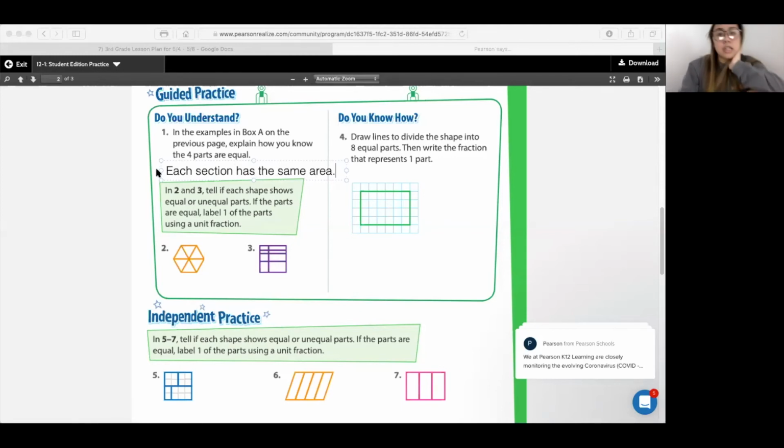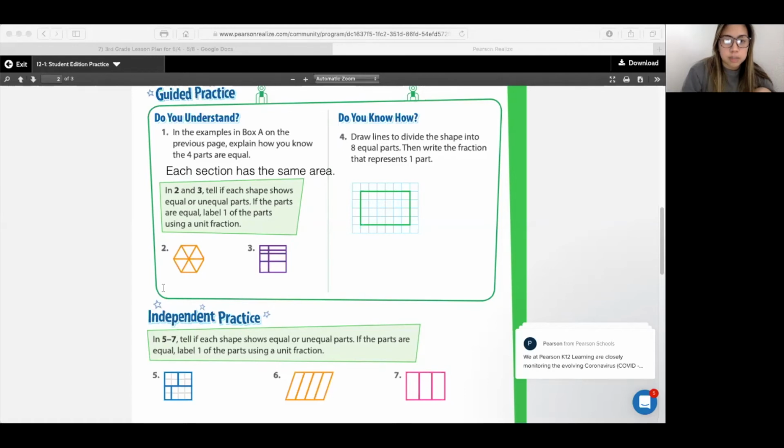Okay, and then in 2 and 3, tell if each shape shows equal or unequal parts. If the parts are equal, label one of the parts using a unit fraction. So that means if we colored in one part of the shape, what would the fraction be? Okay, so in number 2, we have a shape that looks pretty much equally divided. All the shapes are about the same, and there are 1, 2, 3, 4, 5, 6 parts.